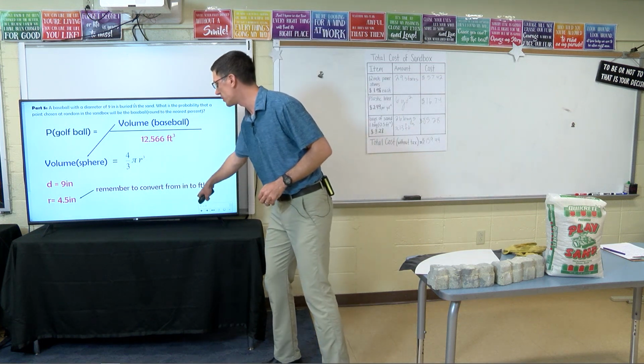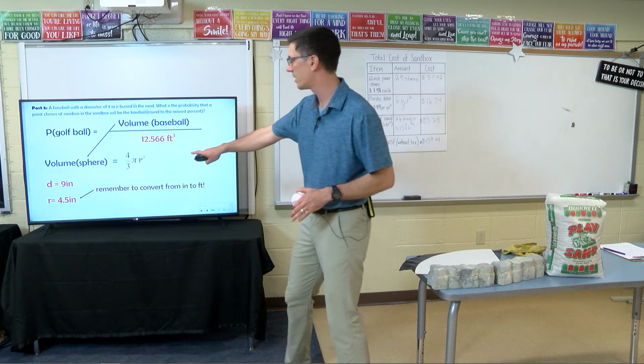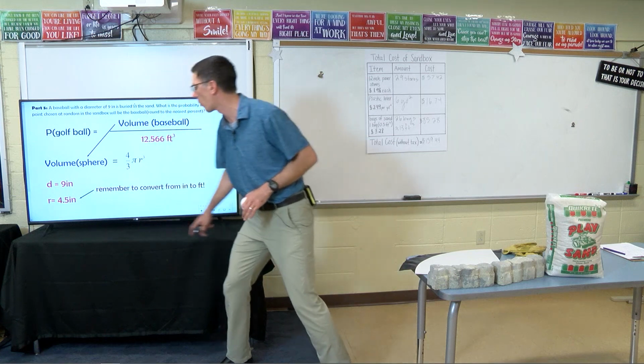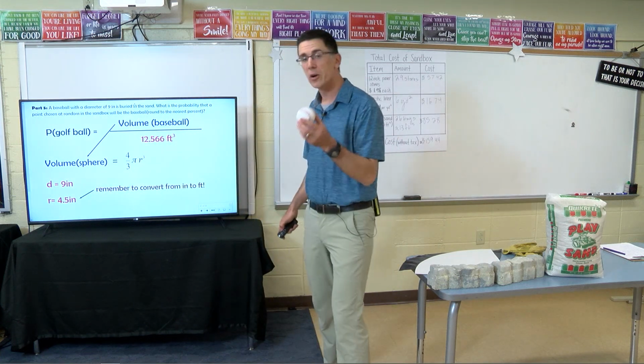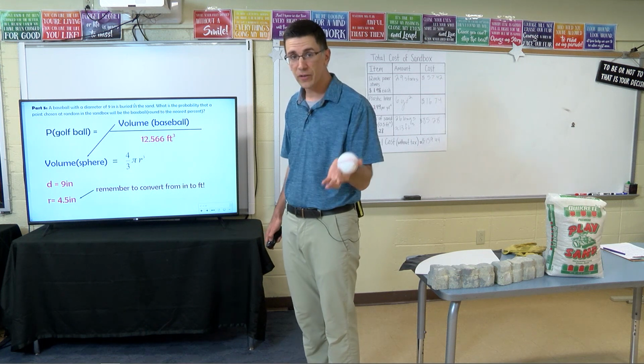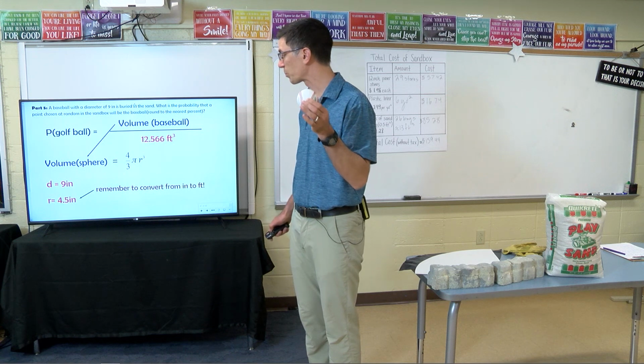Remember to convert from inches to feet. So our radius, again, I had a mistake on the previous slide, and this should say probability of a baseball, not a golf ball, but the radius is 4.5 inches. Remember to convert this. Okay, so think about this. How many inches are in a foot? And convert from 4.5 inches to feet.